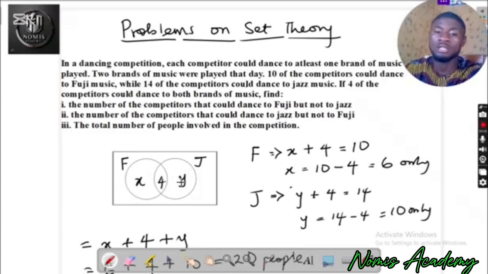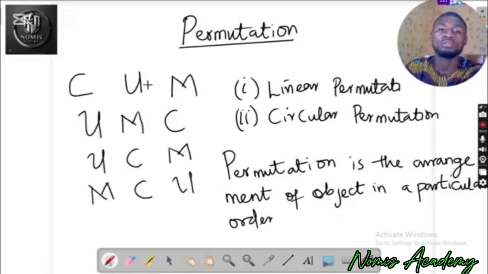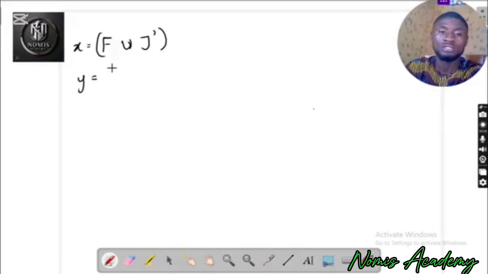So since we are dealing with just only j, we say j union f complement, and that's the value of y.